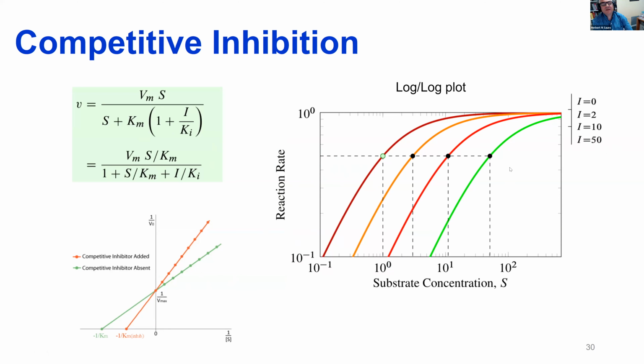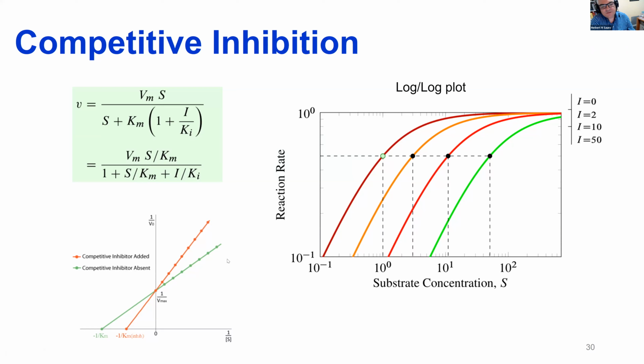As you add more and more inhibitor, the substrate Km appears to get bigger and bigger. But notice that all the curves reach the same maximum, which is the Vmax. All that means is if you have enough substrate, you can always outcompete the inhibitor, and so you can always reach Vmax.